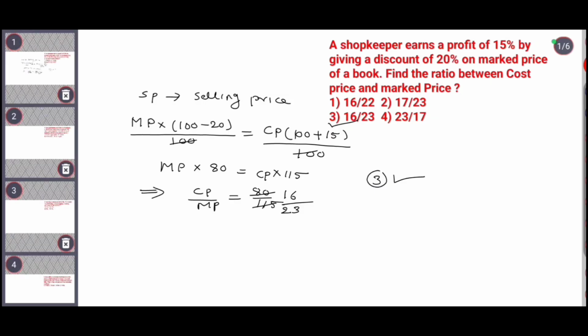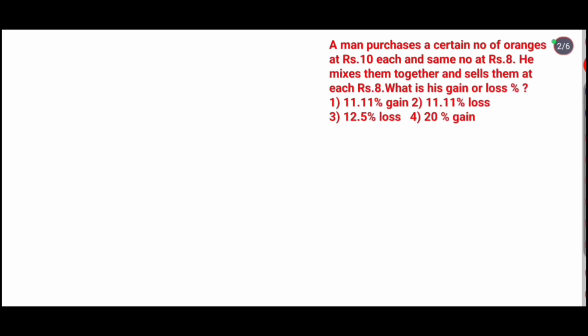And now we go to the second problem. A man purchases a certain number of oranges at 10 each and the same number at 8. He mixes them together and sells them at 8 each. What is the gain or loss? Suppose the number of oranges is 5.